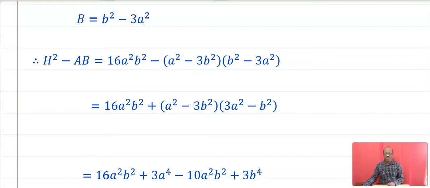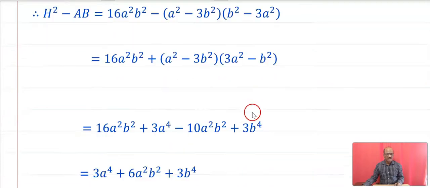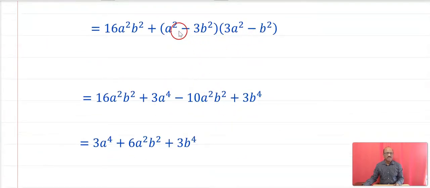product. If we take the minus sign common from these two, then you will get (3a² − b²). Now the product of these two terms: a² into 3a² is 3a⁴. a² into −b² gives −a²b².